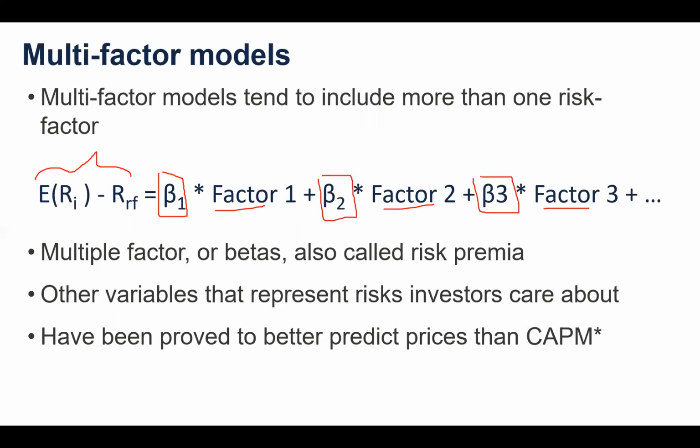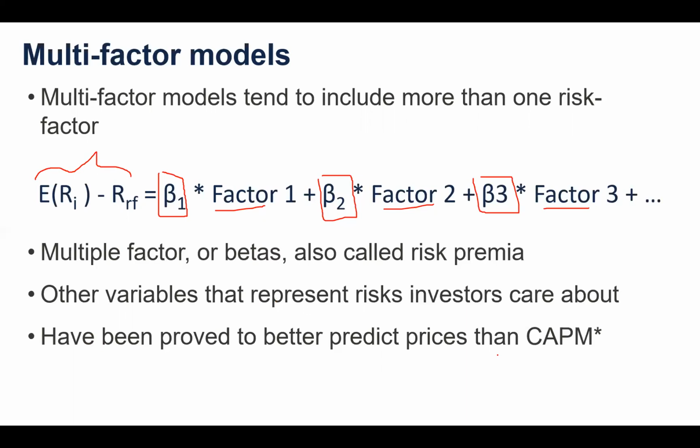And when you control for those factors, you might have a different alpha, right? So it's basically including multiple risk factors that might be present, instead of just putting everything under the beta on the CAPM, okay? And by the way, those models have been proved to better predict prices than the CAPM model.